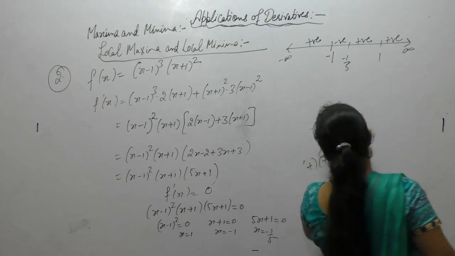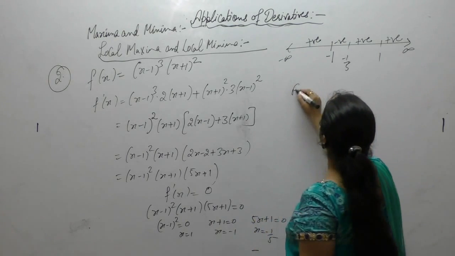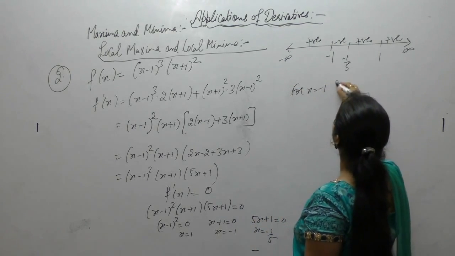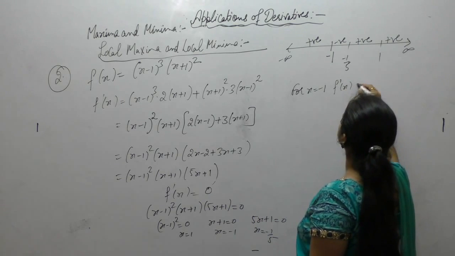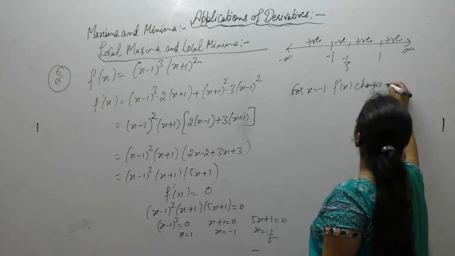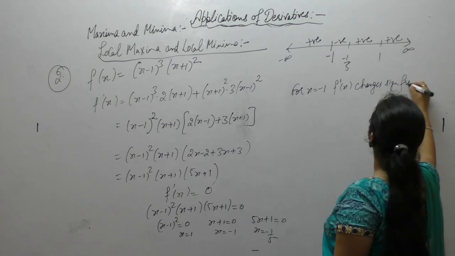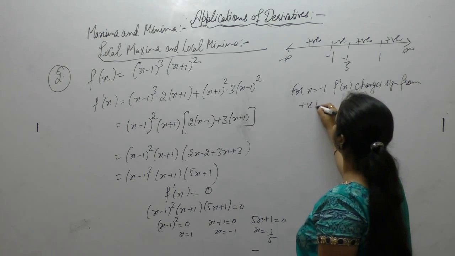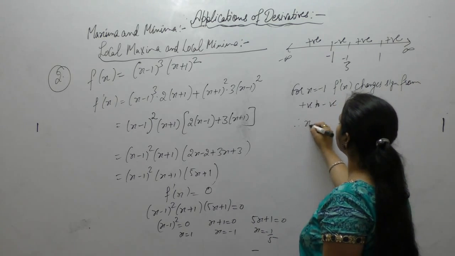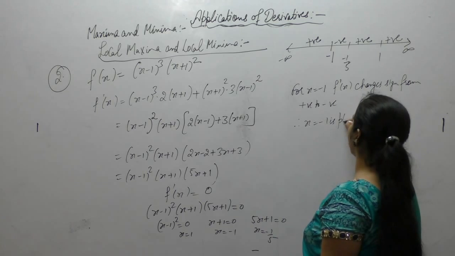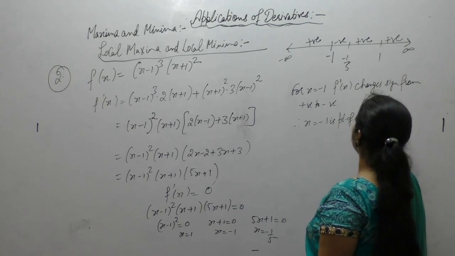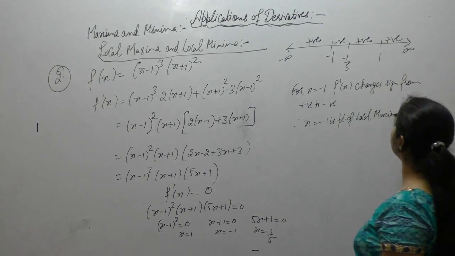Now write down. For x equals minus 1, f dash x changes sign from positive to negative. Therefore, x equals minus 1 is a point of local maxima.